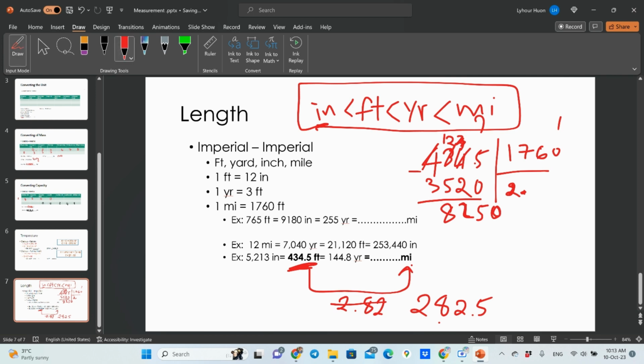How many times does 1760 go into 8,250? Is it 4?